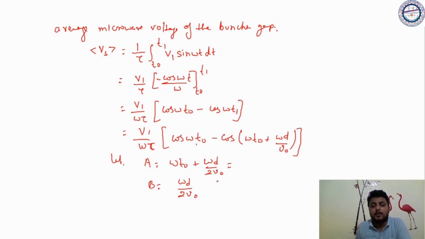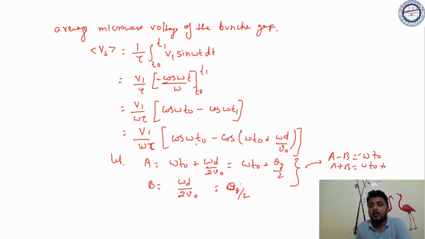So this can also be written as omega t0 plus theta g by 2, and B is theta g by 2. If you take from this, A minus B will be omega t0, and A plus B will be omega t0 plus omega d by v0.